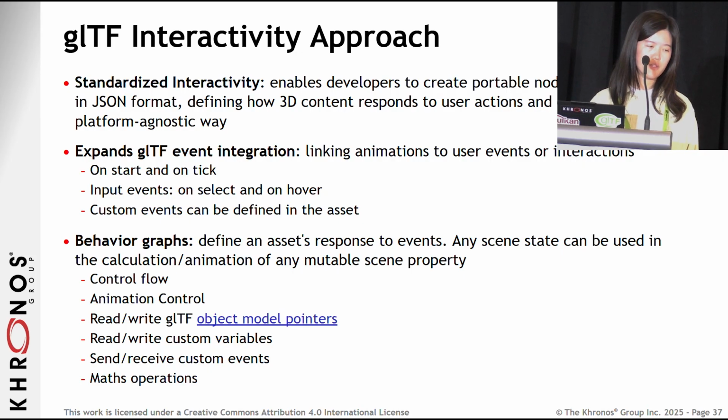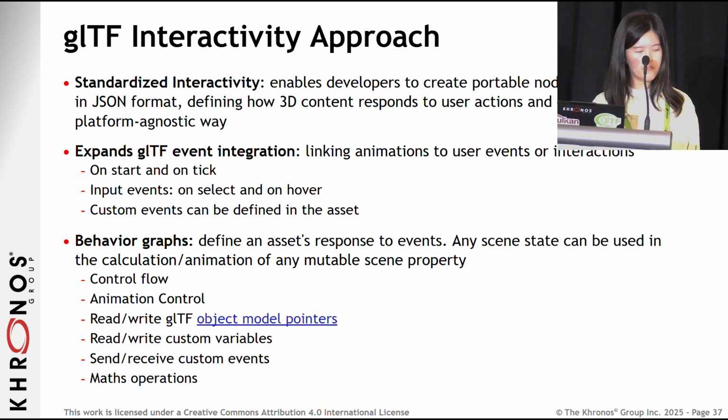You can also read and write glTF object model pointers. So, for example, you can change the base color factor of a PBR material, the weight of a mesh, the transform of nodes, for example. You can also define custom variables in the graph, similar to a program, and read and write those variables at runtime.